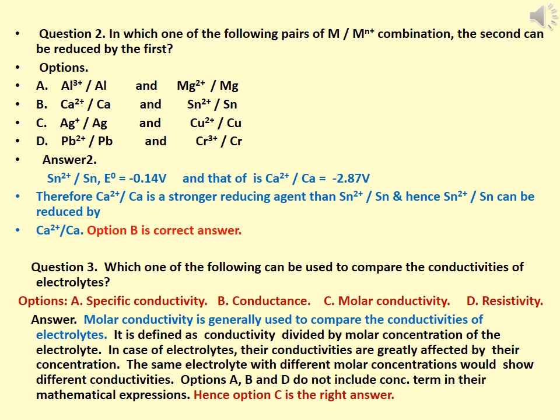Why concentration, if you ask? Because if you take the same electrolyte, say for example KCl, two solutions of KCl, same electrolyte, have different concentrations. In one case it is 0.1 molar, in the other case it is 0.75 molar.